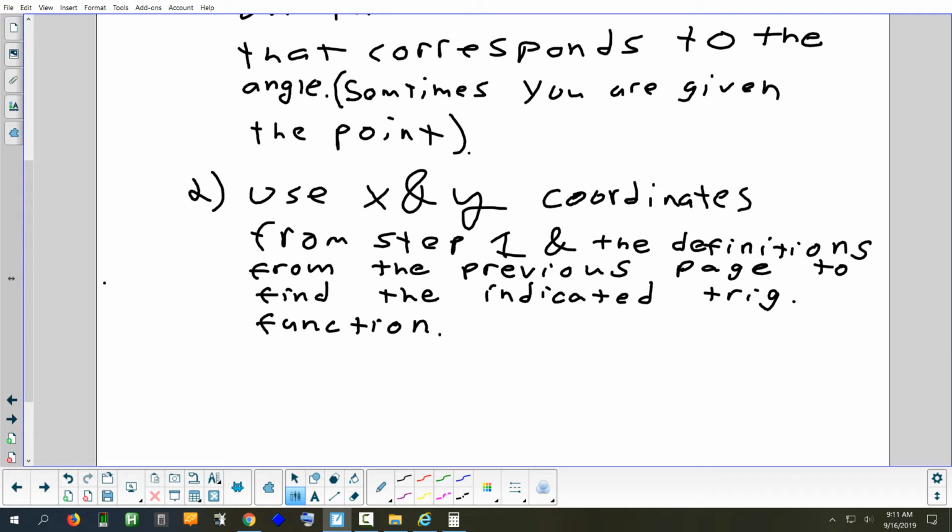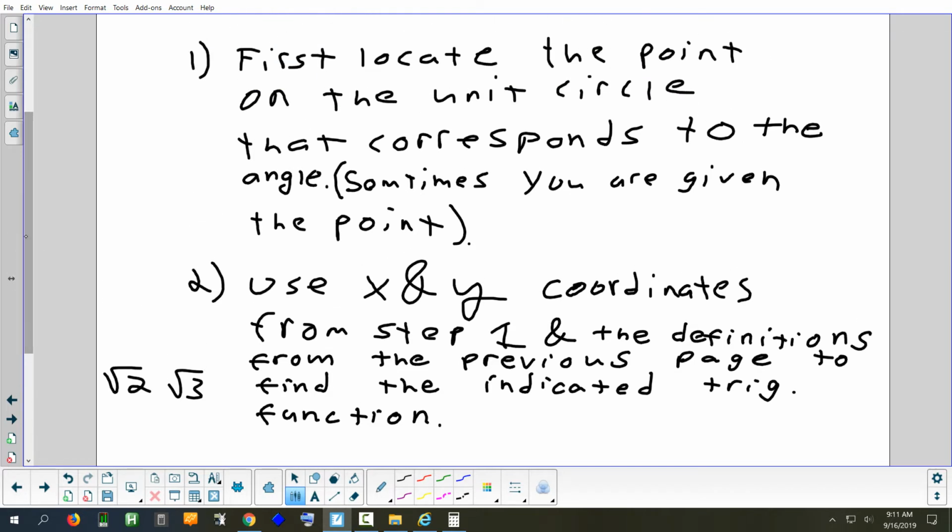The 2 square roots you're going to see a lot: a square root of 2, square root of 3. You can't simplify the square root of 2 or the square root of 3. They're already simplified. So again, step 1, figure out the coordinate.